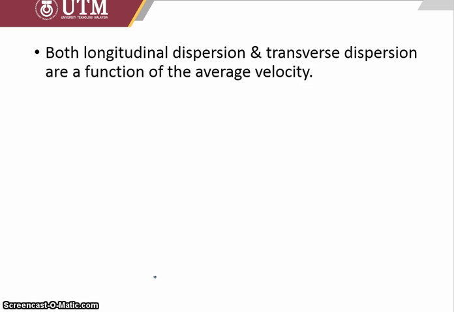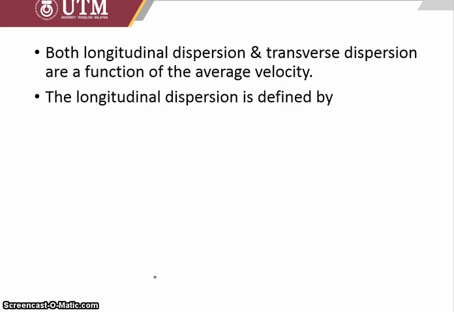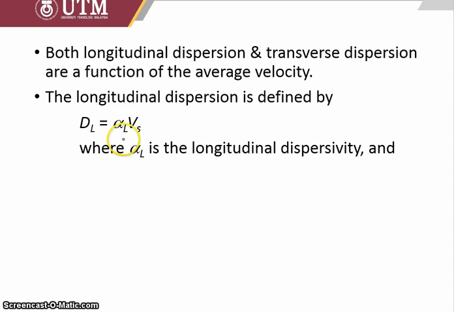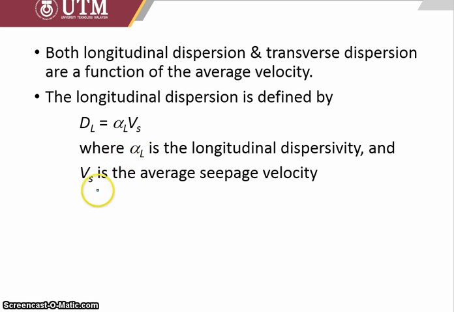So how do we consider the dispersion in the calculation? We can define the longitudinal dispersion D sub L equal to alpha L times the velocity, where alpha L is the longitudinal dispersivity and Vs is the average seepage velocity.